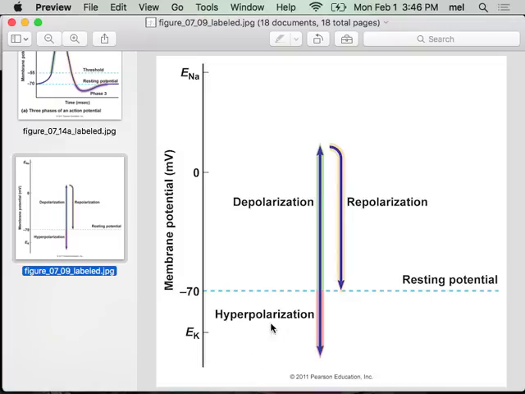So leak channels get you to resting membrane potentials. Gated channels change it, right? It was the unequal leaking of sodium and potassium that got you to -70. So leak channels to get here, gated sodium channels here, gated potassium channels here, and gated potassium channels here.